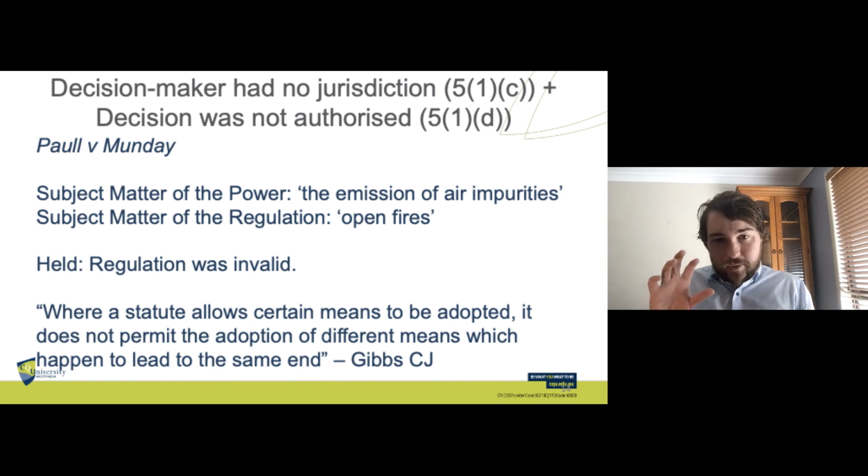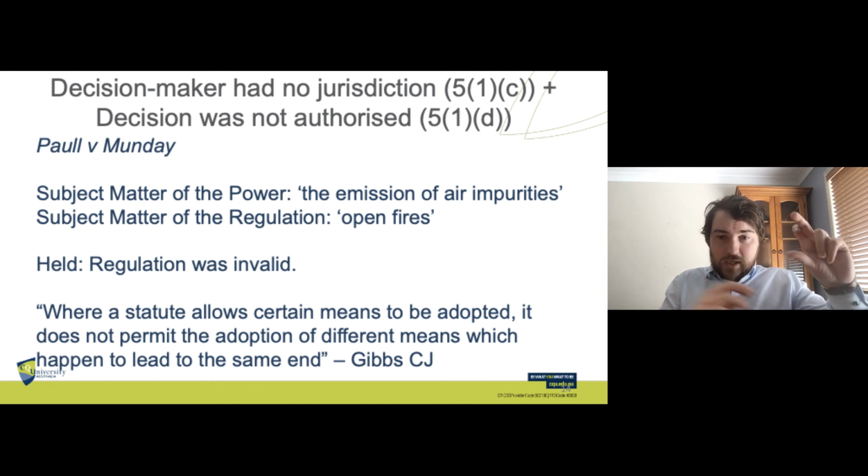What they should have done instead was, in the regulation, say, if you're going to do anything that is going to emit an air impurity like smoke, you need a permit from the local health board. So focusing on the air impurities rather than the source of the air impurity, which is the fire. And so Chief Justice Gibbs, in that case, summed up the position by saying that where a statute allows certain means to be adopted, it does not permit the adoption of different means which happen to lead to the same end.